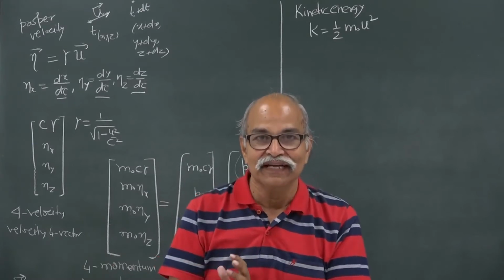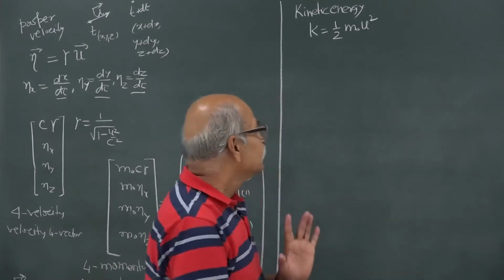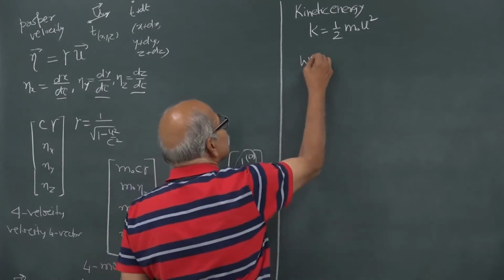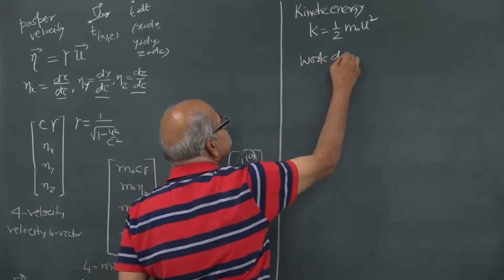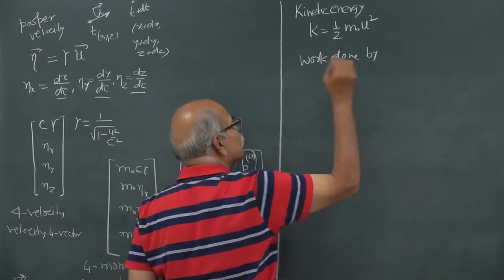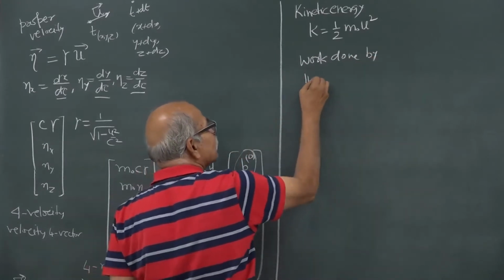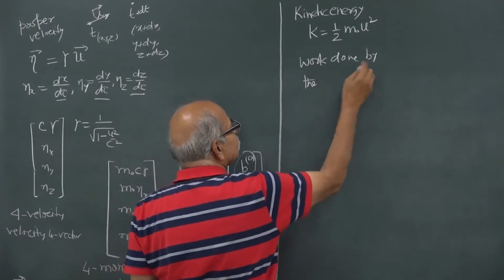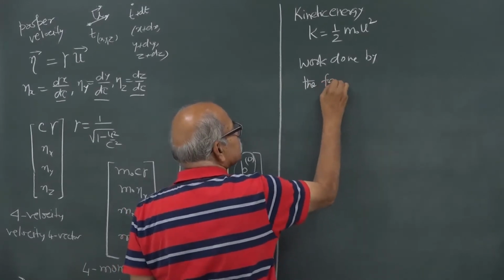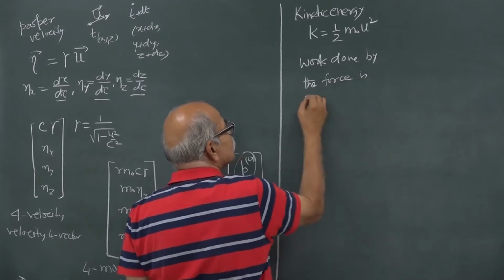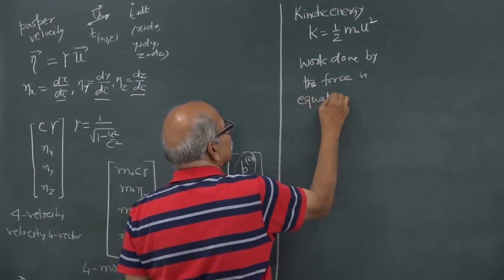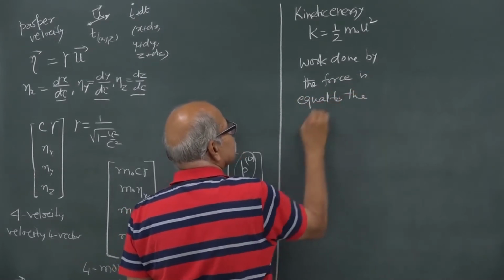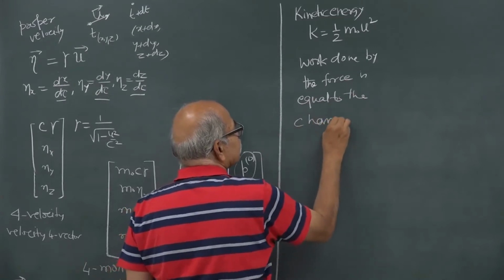From there we define kinetic energy. So, I am talking of one single particle, and whatever is the resultant force on it, the work done by the force is equal to the change in kinetic energy.